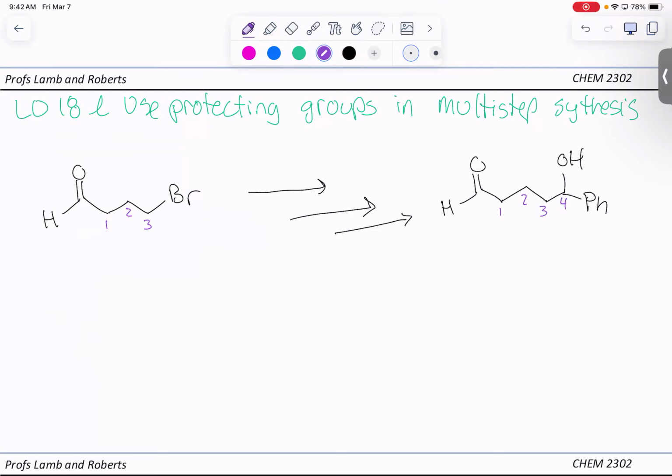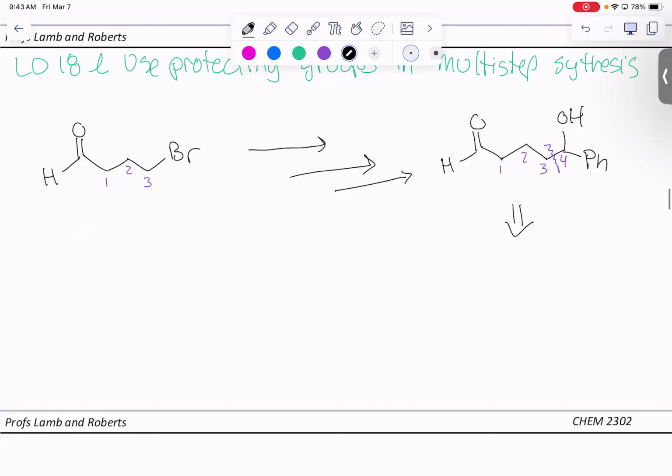Let's say that we need to break between carbon 3 and 4. Seems reasonable. Let's take a look at what our retrosynthesis would look like if we broke that apart. 1, 2, 3 carbons. 1, 2, 3.